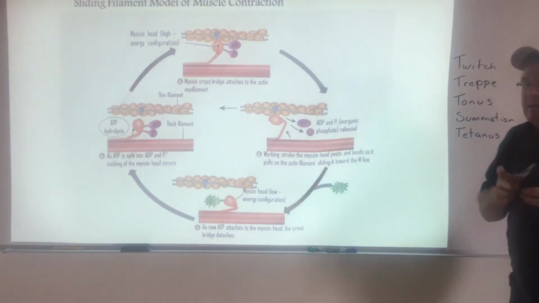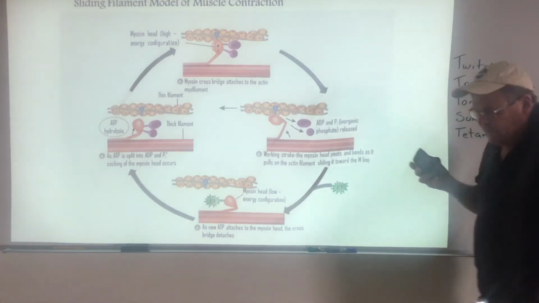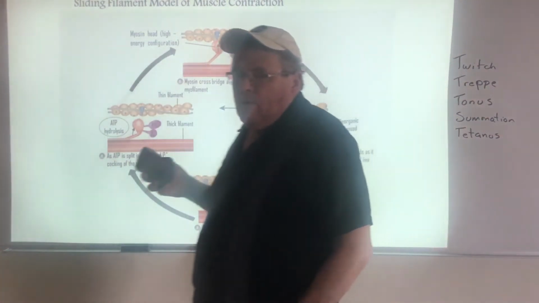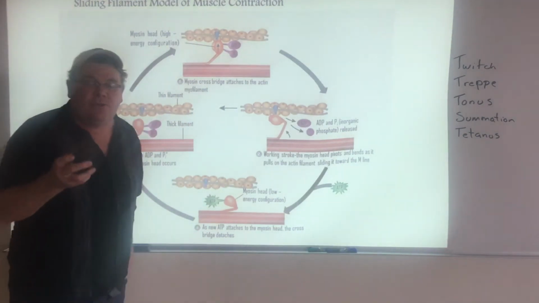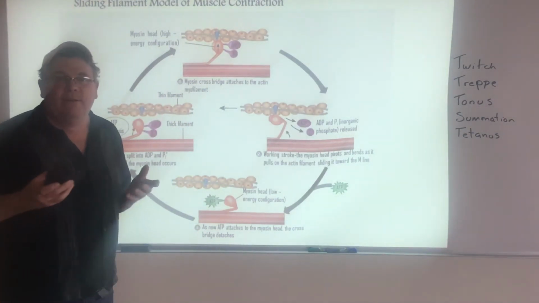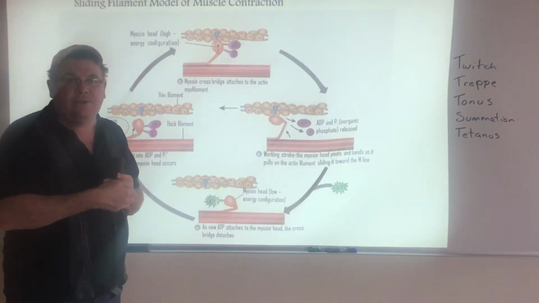I want to talk about what a twitch is, what treppe is, what tonus is, wave or temporal summation, and tetanus. What is it? And we all deal with tetanus, hopefully not the Clostridium infection that causes tetanus, which is why everybody, including myself, should have a tetanus shot living in an agricultural area like we do.